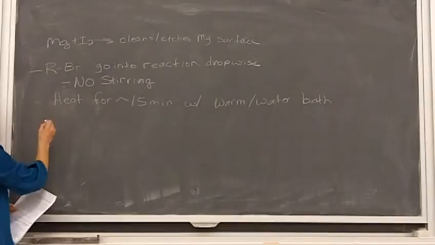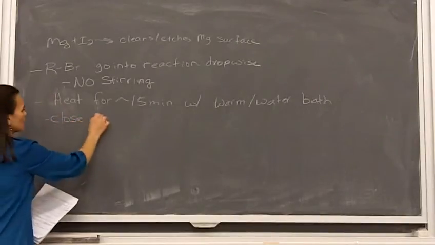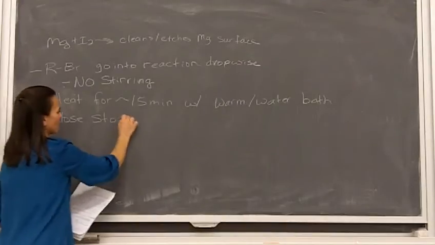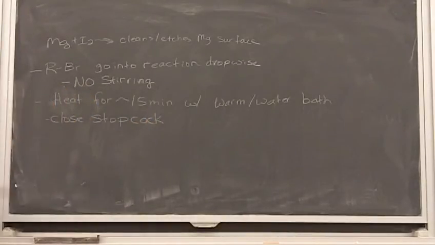The other thing is once your alkyl bromide is all added, close the stopcock. We're going to add more reagents through that separatory funnel, and we don't want it all dripping down in there all at once, okay?